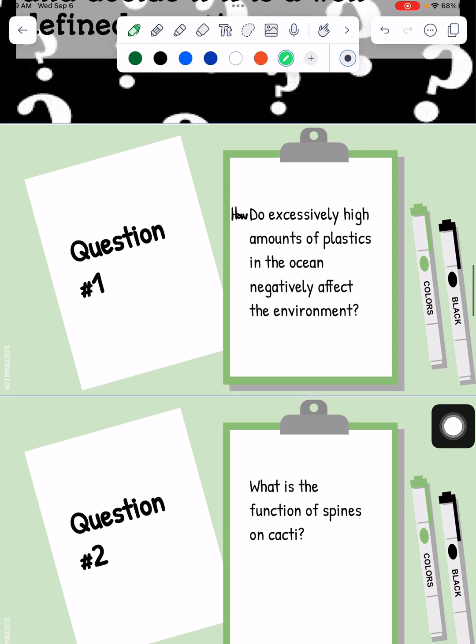So, question number 1, how do excessively high amounts of plastics in the ocean negatively affect the environment? Okay, it has a lot of science words and things that could happen, but it doesn't mean that it's a testable question. So, let's see, does it have an independent variable? Does it have something to test? Yeah, it does.